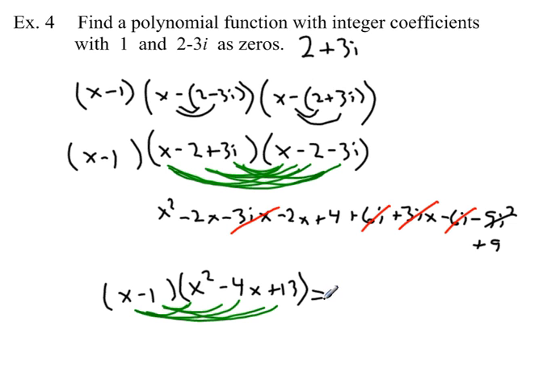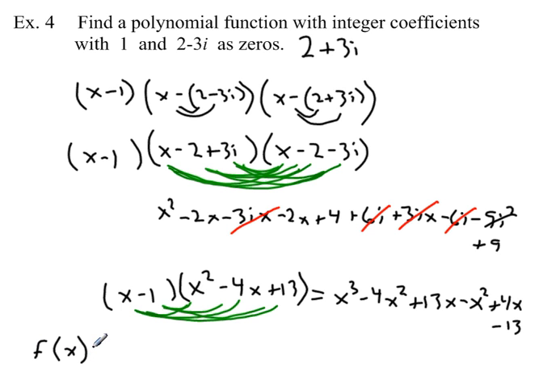If we do that, we'll get x to the third minus 4x squared plus 13x minus 1x squared plus 4x minus 13. And if we combine like terms, there's a polynomial function, so I'm going to write it in function notation. F of x equals x cubed minus 5x squared plus 17x minus 13.